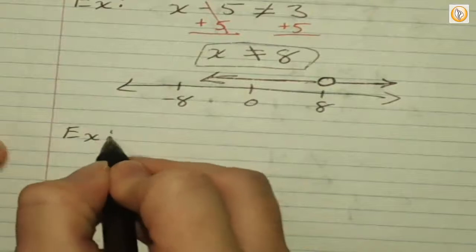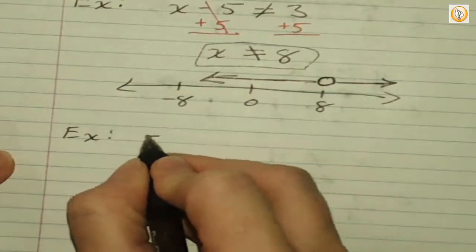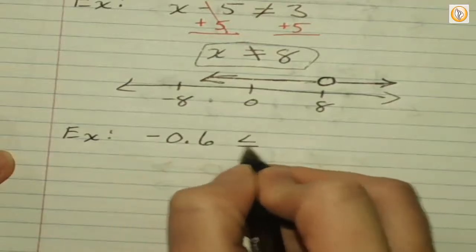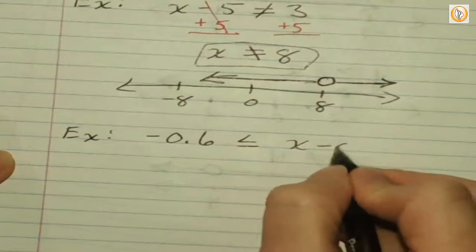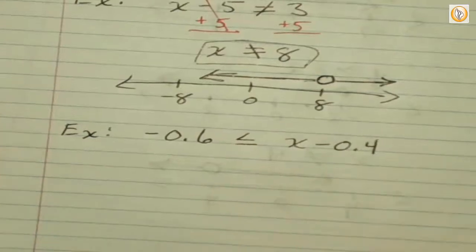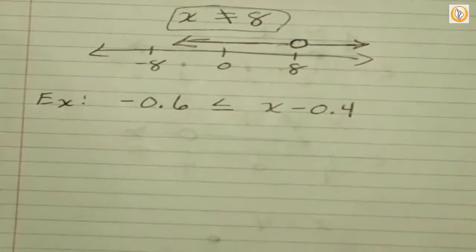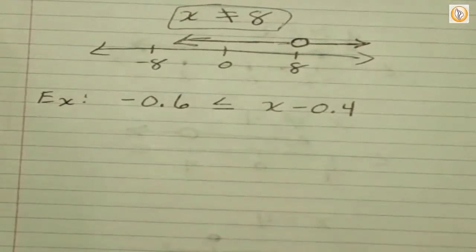Another example. Negative 0.6 is less than or equal to x minus 0.4. Oh yeah, here comes some decimals. Valeria, I'm talking you through it.